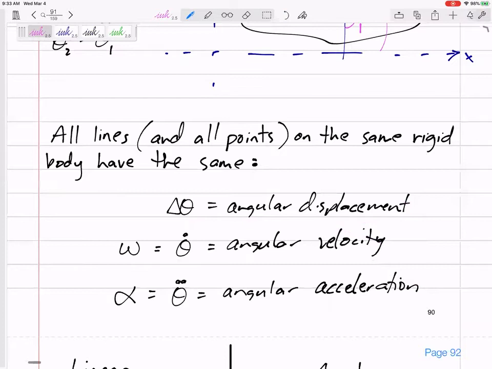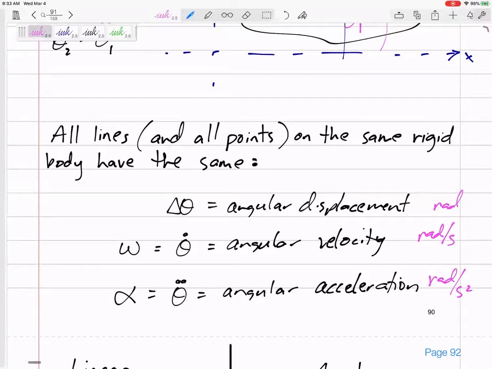All right, and let me not say 25 degrees. Let me say radians. Let's use radians as our angular displacement, radians per second as our angular velocity, and radians per second squared as our angular acceleration.